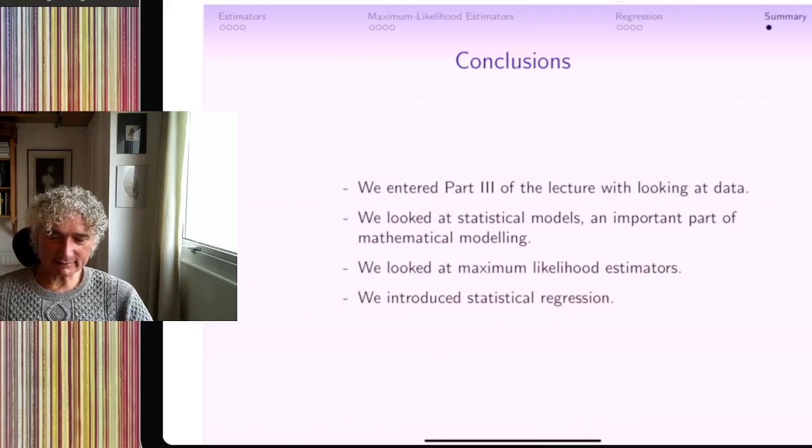So remember, in our statistical regression, so far we have only discussed deterministic models, where in the regression we assumed these deterministic functions g_i, and only the error terms were stochastic.